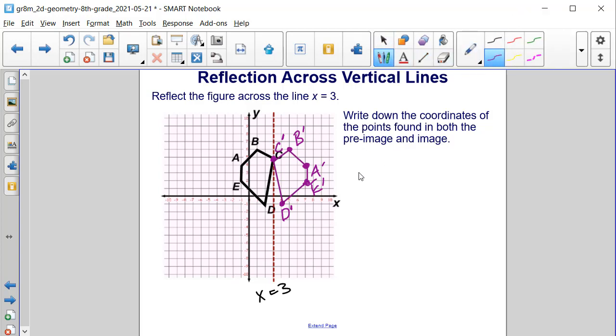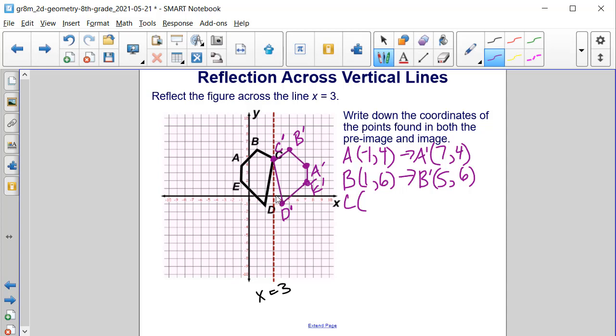And then let's also look at the coordinates of our pre-image and image. So point A is at -1, 4, and A prime is at 7, 4. Point B is at 1, 6, and point B prime is at 5, 6. Point C is at 3, 5.